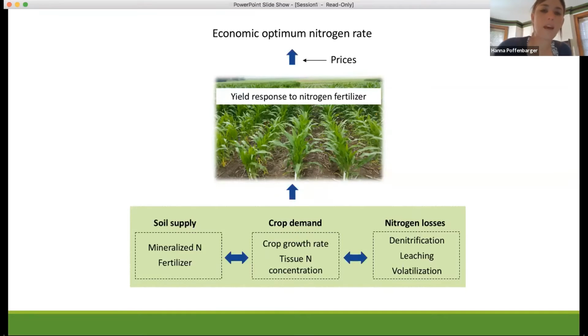But that yield response is really impacted by three different major factors. We have the nitrogen being supplied by the soil or the cover crop residue. We have the demand of the crop, which relates to the yield potential. How much demand do we have for nitrogen from that crop? And then finally, the nitrogen losses: how much of the nitrogen that we add will be used versus lost to the environment.